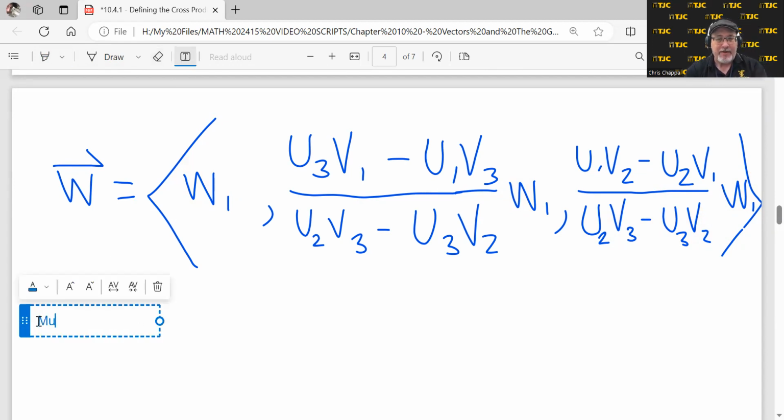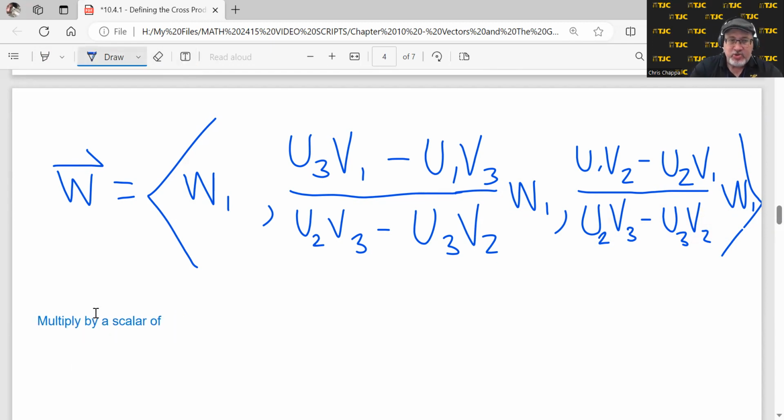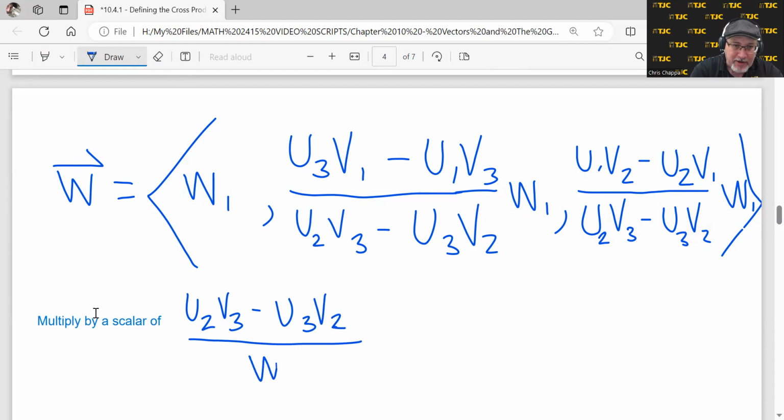I'm going to multiply by a scalar, and let's see, I guess I'm gonna have to draw this. To get rid of the fractions, I need to multiply by a scalar multiple of U2 V3 minus U3 V2. And to get rid of the W1, assuming it's not zero, we're going to put W1 in the denominator.